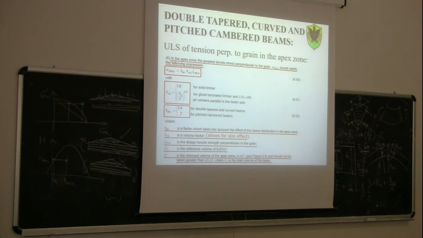K dis takes into account the effect of the stress distribution in the apex zone, and is equal to 1.4 for double taper and curved beams and 1.7 for pitch camber beams. V0 is the reference value of 0.01 cubic meter, and V is the stressed volume of the apex zone in cubic meter. The regulation basically tells you what to consider.